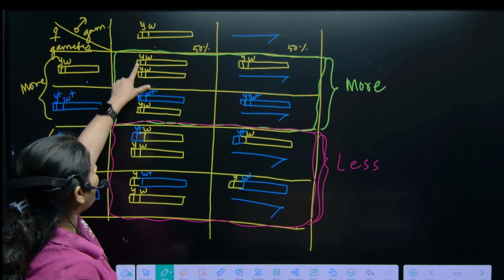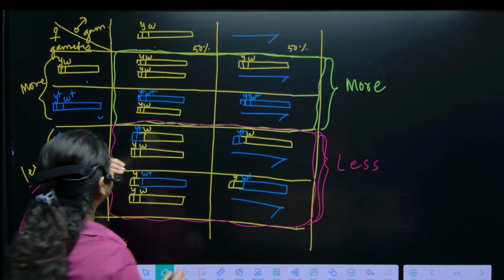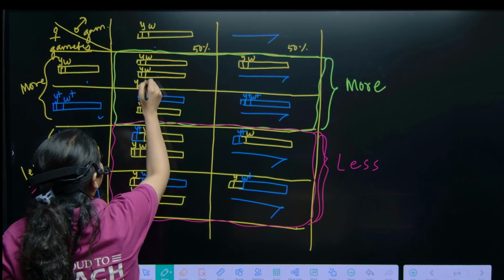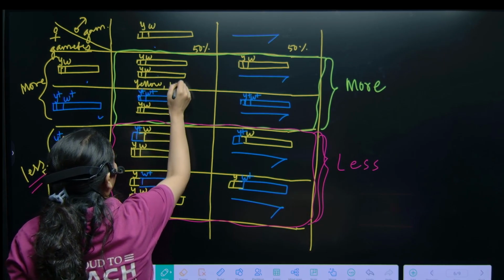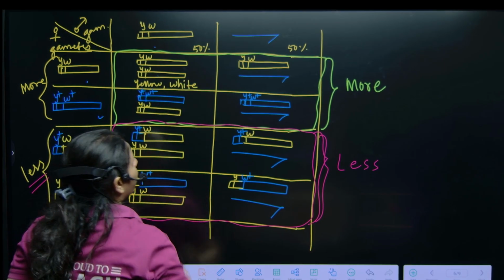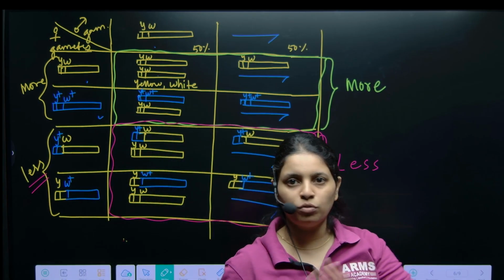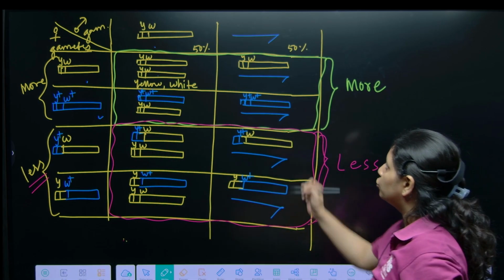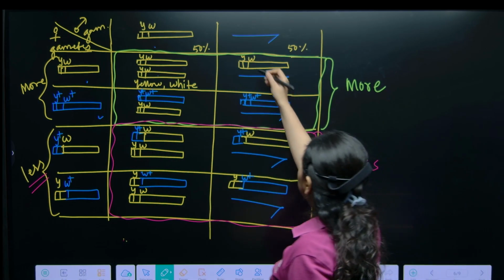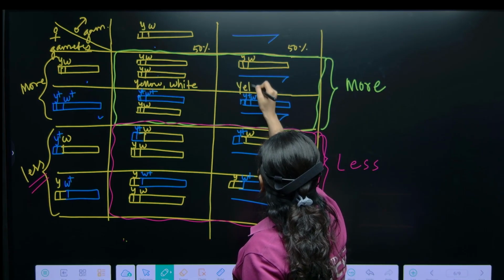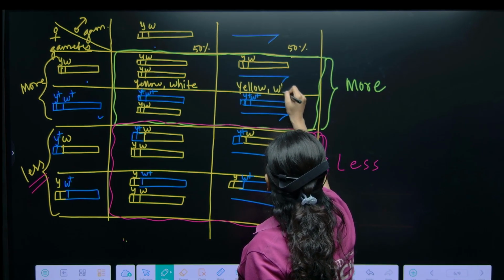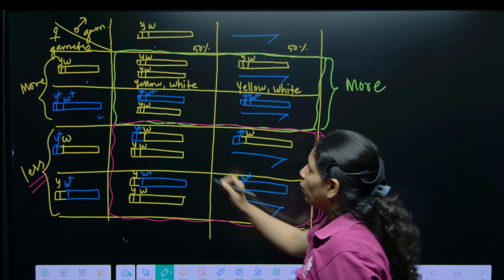So, as this is YYWW, all recessive, so this will be yellow, white. What about this male? Y chromosome does not have the body color and eye color gene. So, just X chromosome will decide this one chromosome. So, again, yellow, white. Okay. What about this?